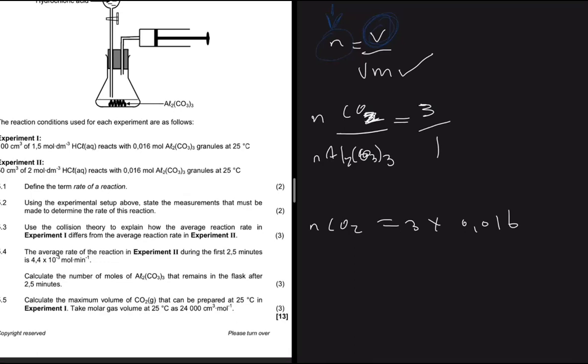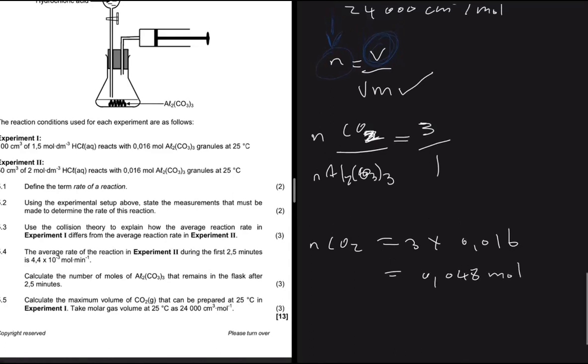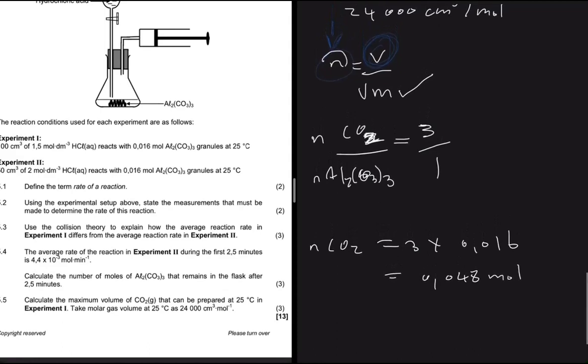So at the end of the day, all the aluminum carbonate is going to get used up. Let me just put that in the calculator real quick. That is going to give us 0.048 moles. So now we have the n we were looking for here.